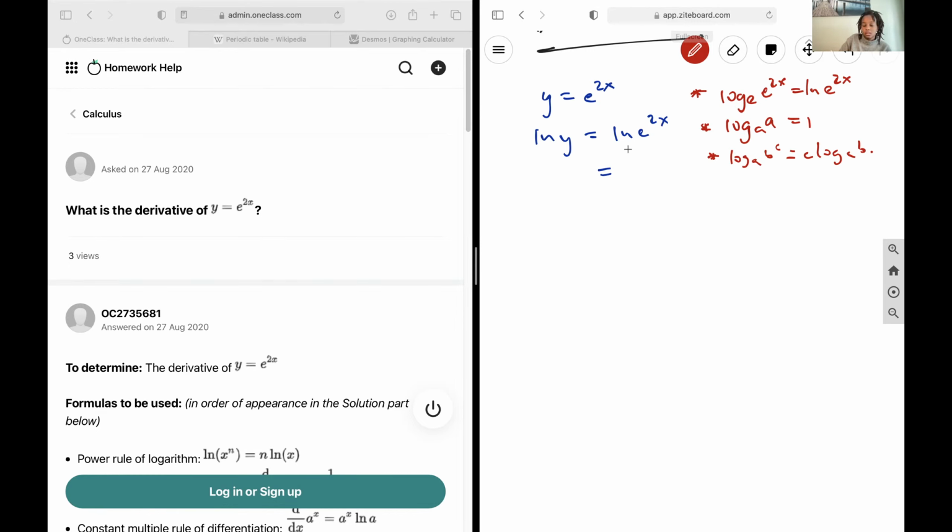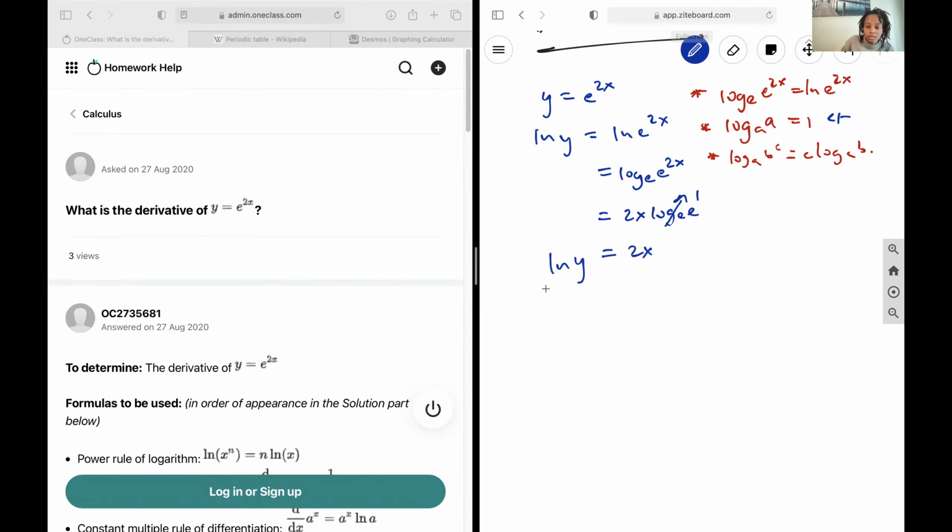And so first, we can rewrite this as log e to the power of 2x. That's going to become 2x multiplied by log e, and then that's just going to become 2x, because this will cancel out to become 1 according to this rule. Okay, and so let's stick with this is all equal to ln y.